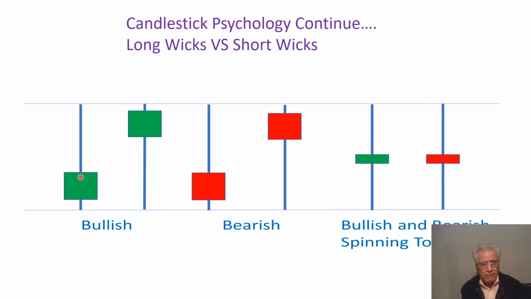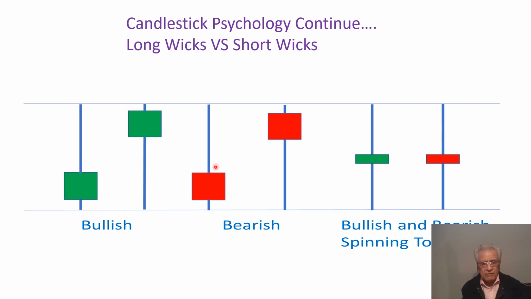Buyers pushed the price up. They were dominant during the time frame of the candle and constantly pushing the price higher. But at the end, sellers overcame the buyers' power and pushed the price lower, and it closed here, resulting in a long upper shadow.